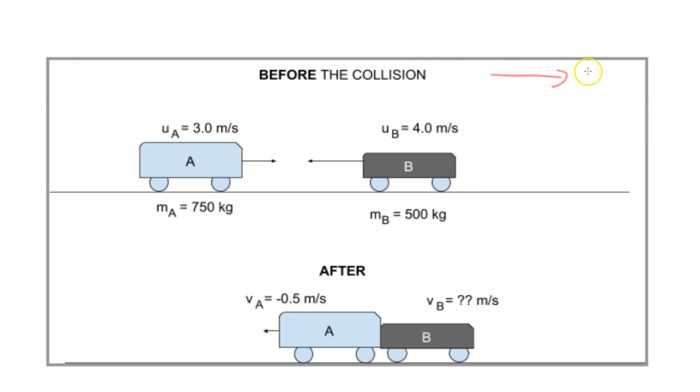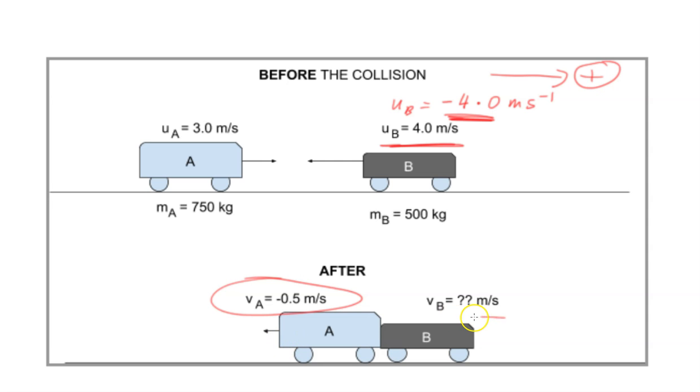I know some of my notes, I should have probably written that as negative. Make sure you've got the right direction here and the rebound direction for the velocity afterwards for vehicle A. And this is what we're trying to determine.